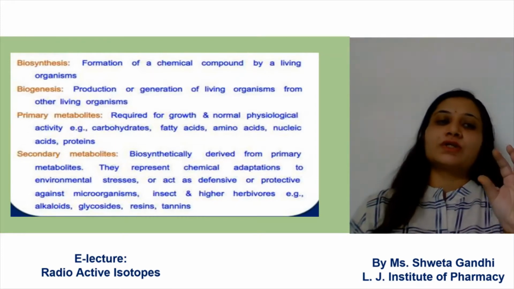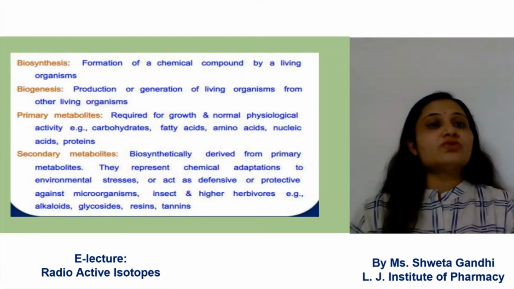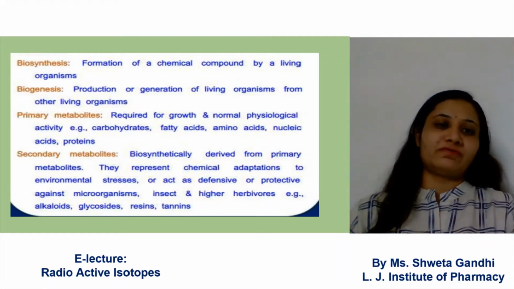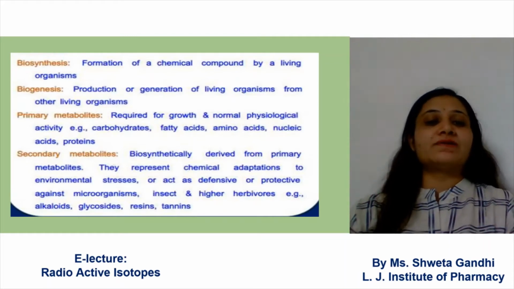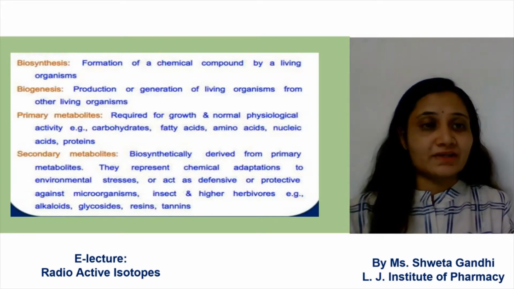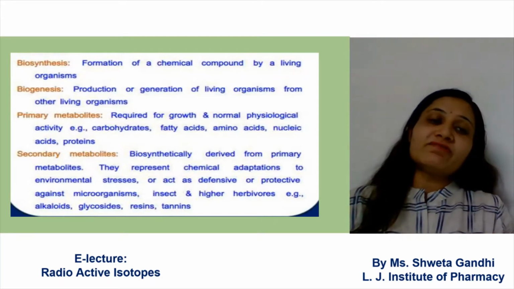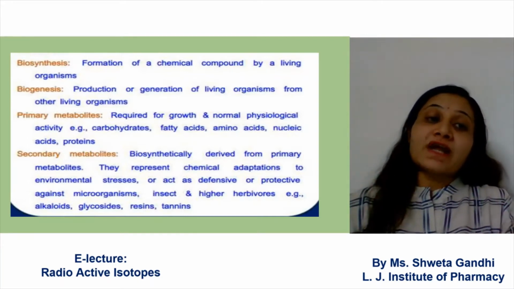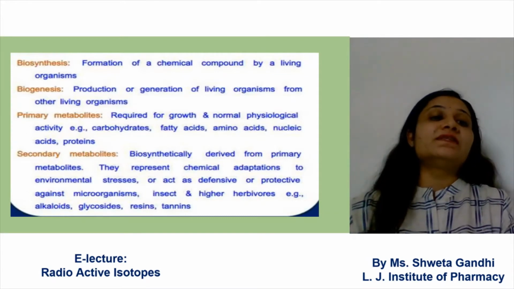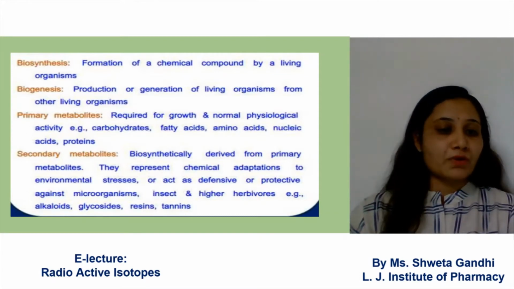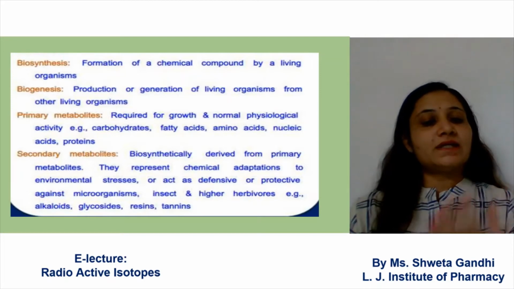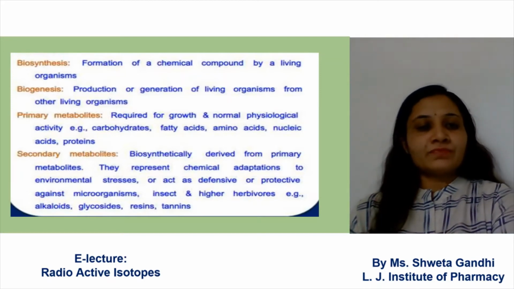Primary metabolites are those metabolites that are very useful for the growth and development of the plant, for example carbohydrates, which are required as a source of energy, and fatty acids. But secondary metabolites are derived from the primary metabolites and have pharmacological importance, for example glycosides, alkaloids, resins, tannins, etc.